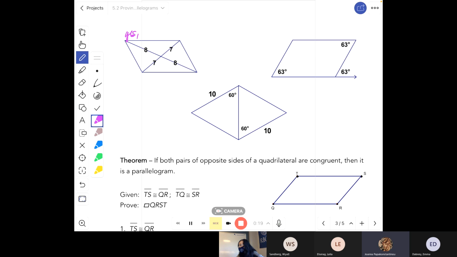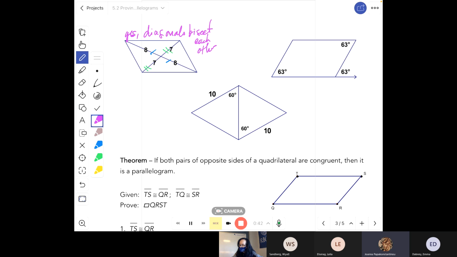Yes, the diagonals, right, bisect each other. So in other words, this is congruent to that, this is congruent to that, and those are diagonals and they bisect each other.